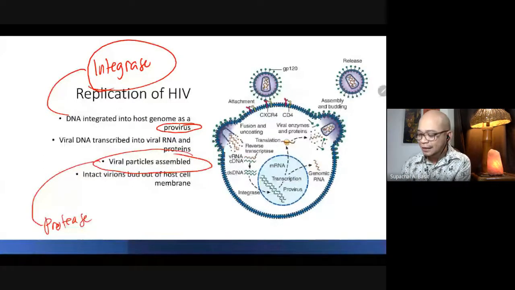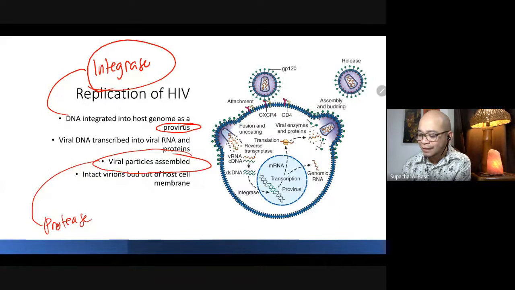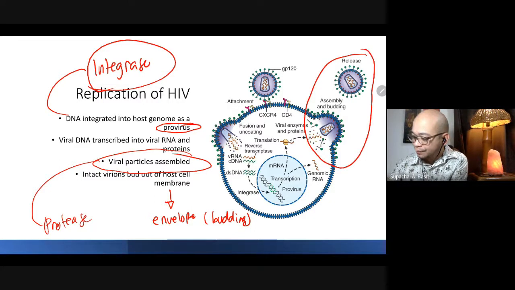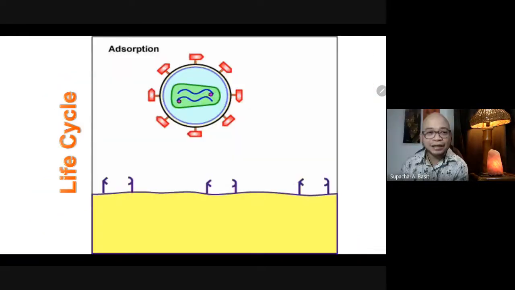And then intact virions will bud out of the host cell membrane. This process is necessary so that they would become enveloped. And this process is called budding. That's it, guys, budding. So this is the life cycle of the HIV.